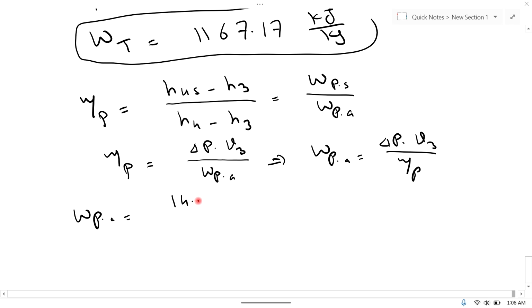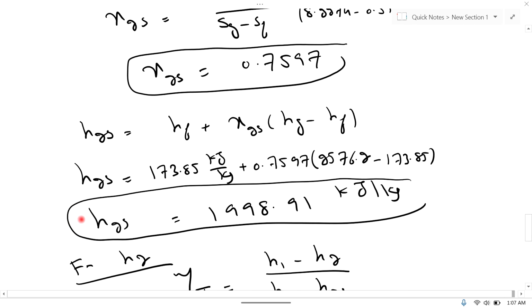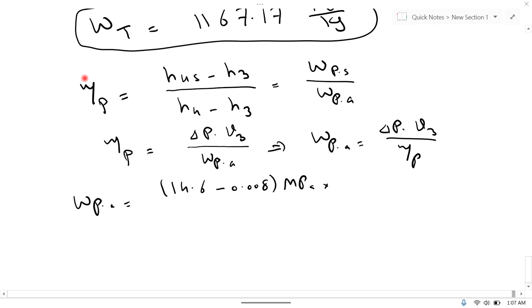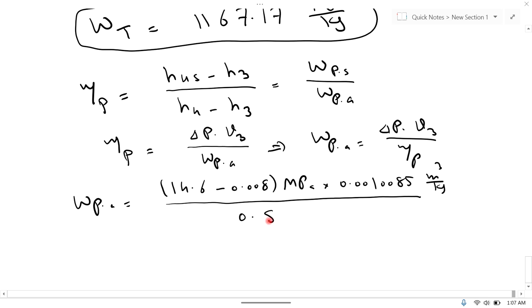It means that 14.6 minus 0.008, this is the change in pressure in the pump. And V3, already found from the steam table, this value is 0.001085 meter cube per kg, divided by the pump efficiency, which is given to us as 0.8.